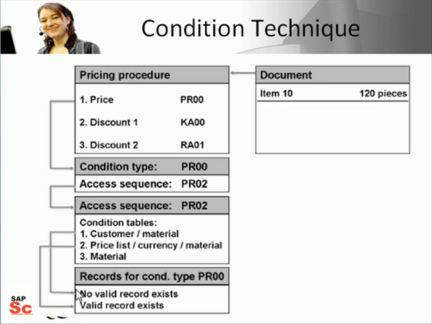And that is the error this is saying, no valid record exists. Once it finds a valid record, it stops there, as long as the customizing settings say that. So this is the condition technique in a nutshell. We've seen part of it. Now let us go back to the system and see the rest of it.